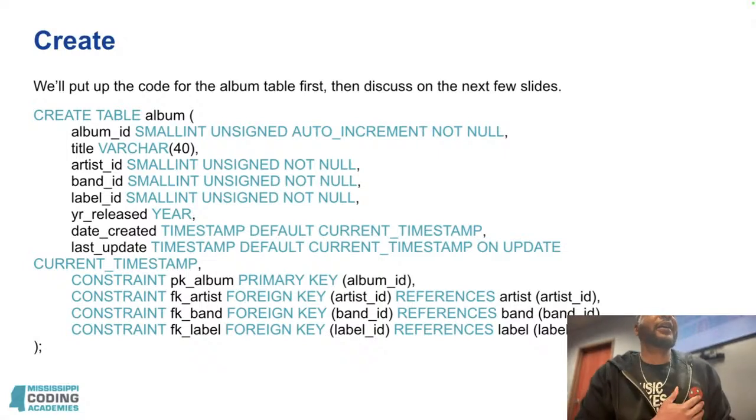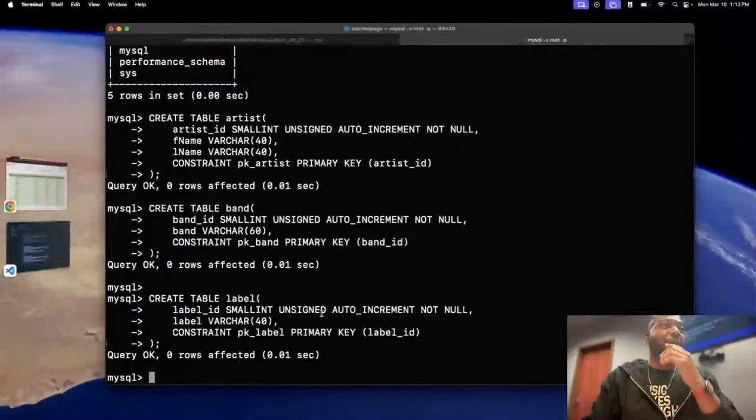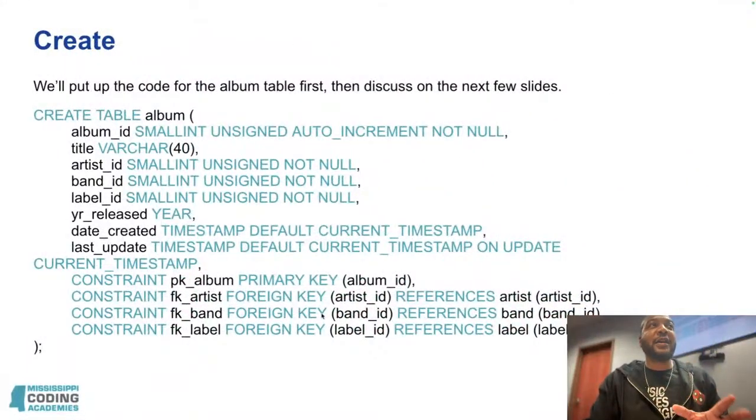So here's the code for the album table. We're gonna go back and forth between this and the slides, and then we'll discuss what's happening. You can pause the video right here if you need to get this information, or just toggle back and forth.